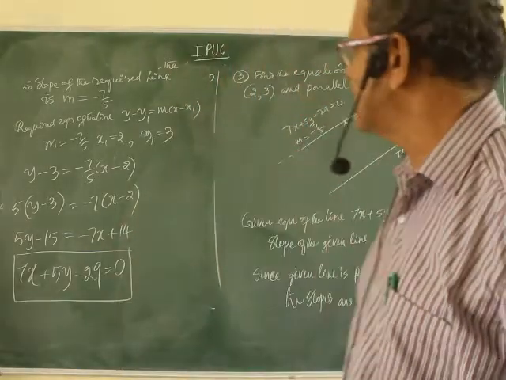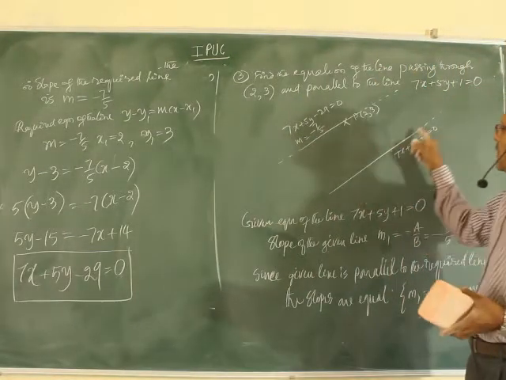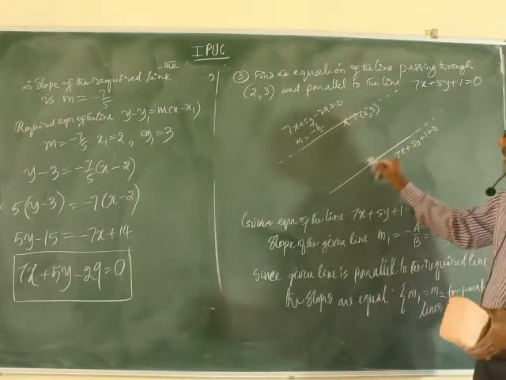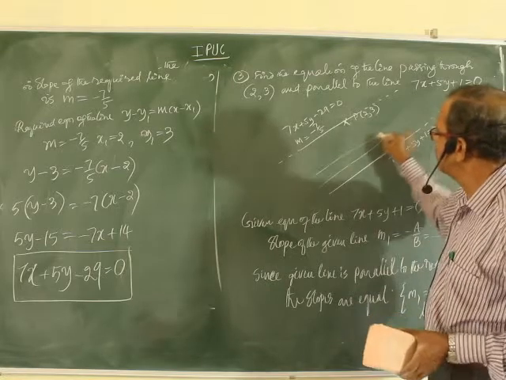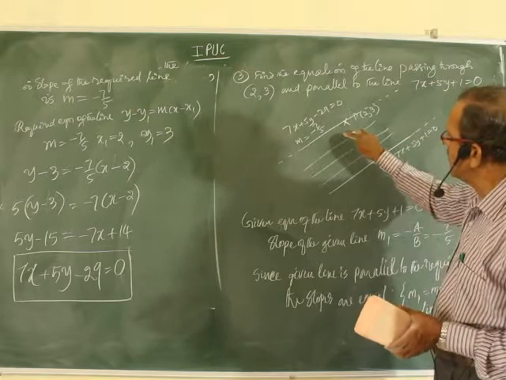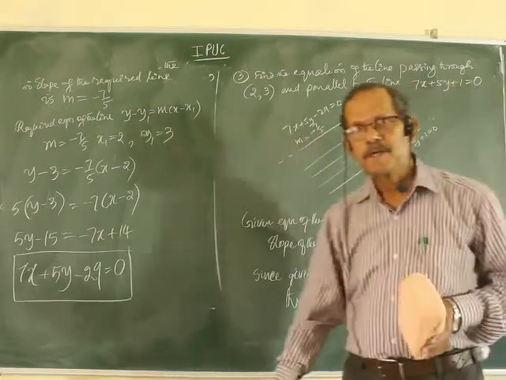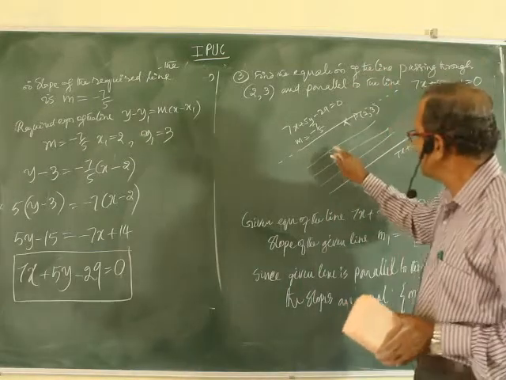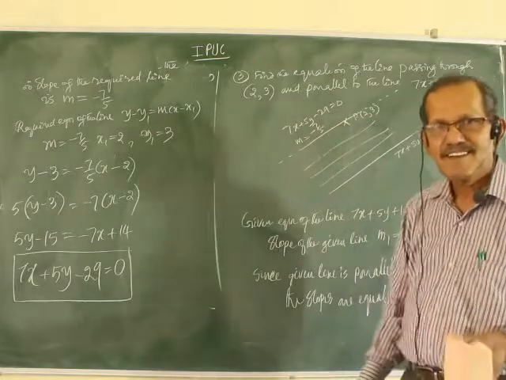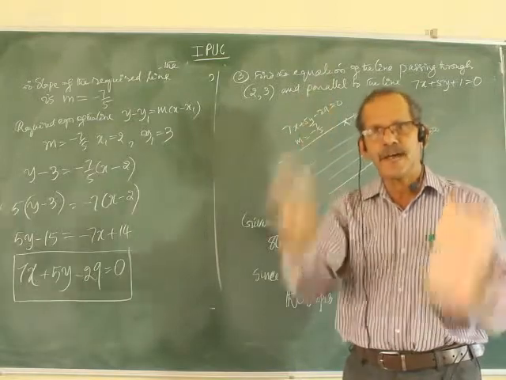Why have I taken this example in the middle? Just to see here. The equation of the line given is 7x + 5y. Now, any number of parallel lines you draw here, the equations of all these lines start with the same term, 7x + 5y. The equation of all the parallel lines starts with 7x + 5y only.